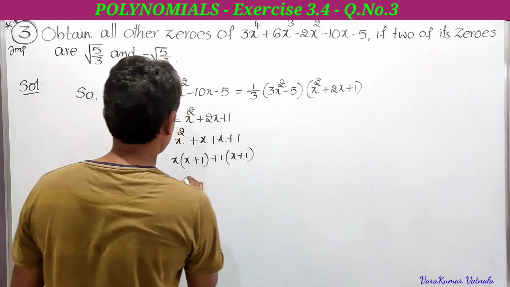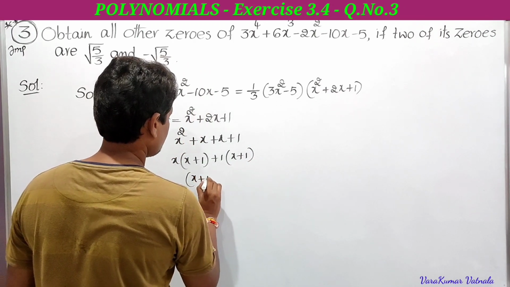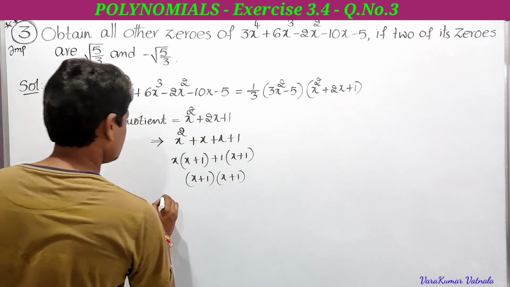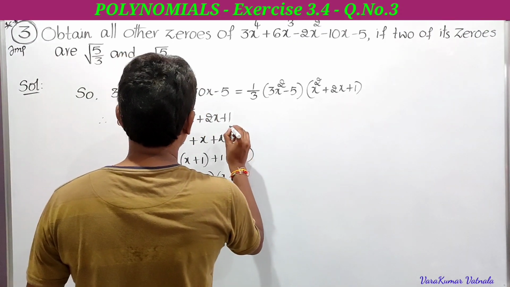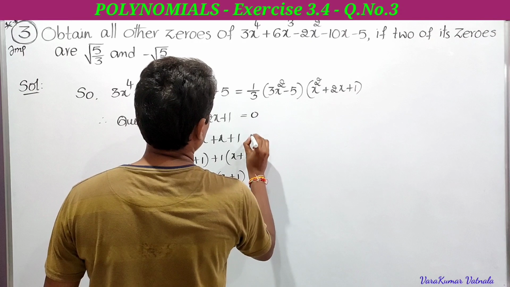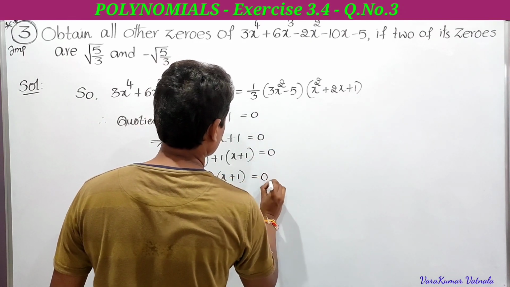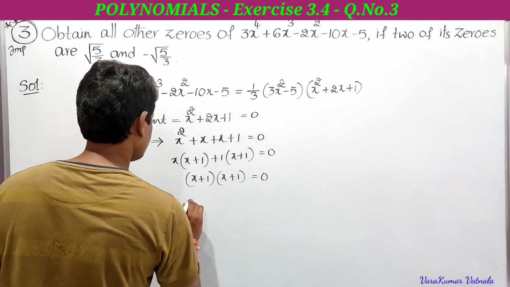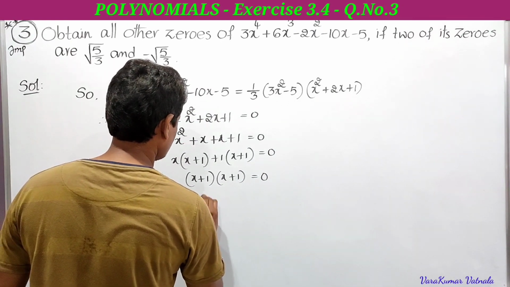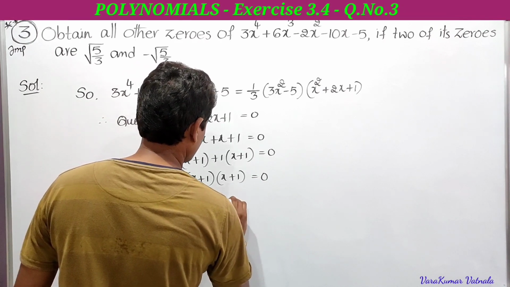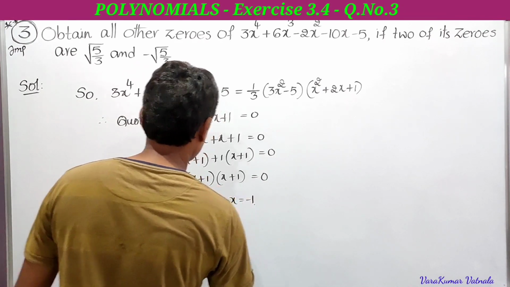So finally x plus 1 is common, so x plus 1 into x plus 1. So let it be equal to 0. That implies x plus 1 is equal to 0, x is equal to minus 1, and here also x equal to minus 1.